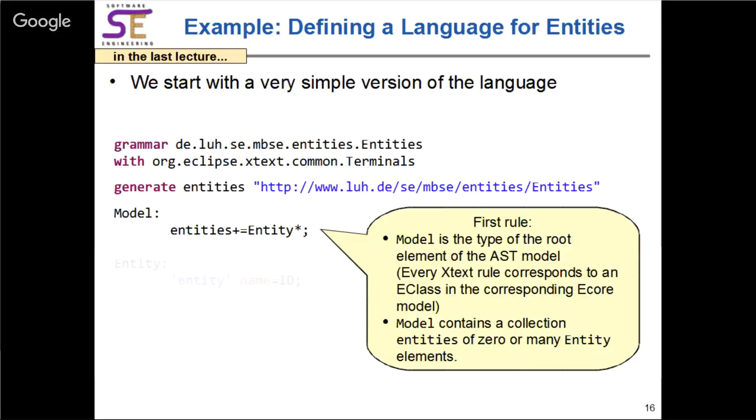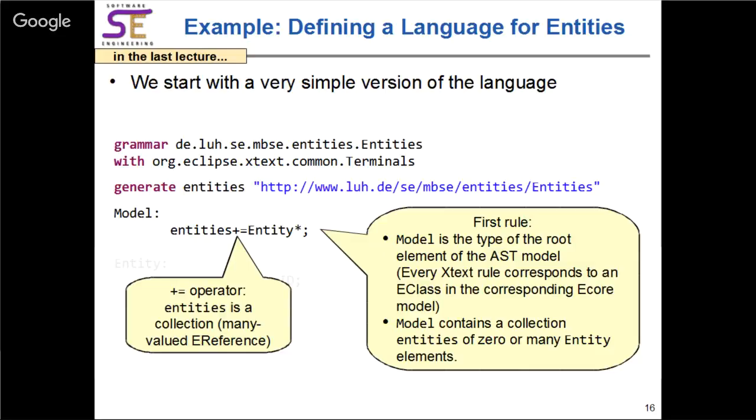As I said, the model contains a collection entities, and it is a collection because I have the plus equal sign, and it's a collection of zero or many entity elements because I give the star. The star, as in regular expressions, means zero or many.